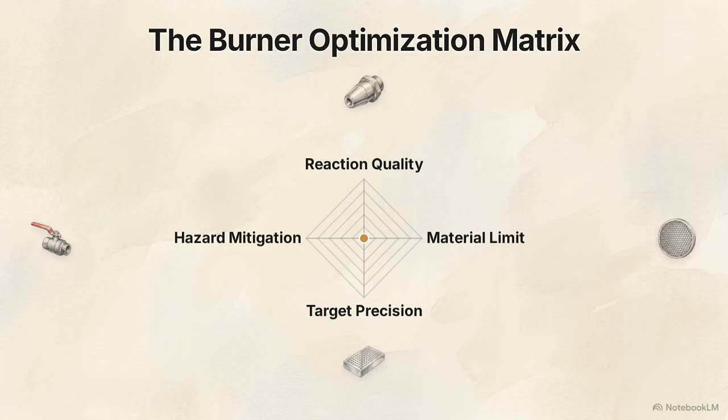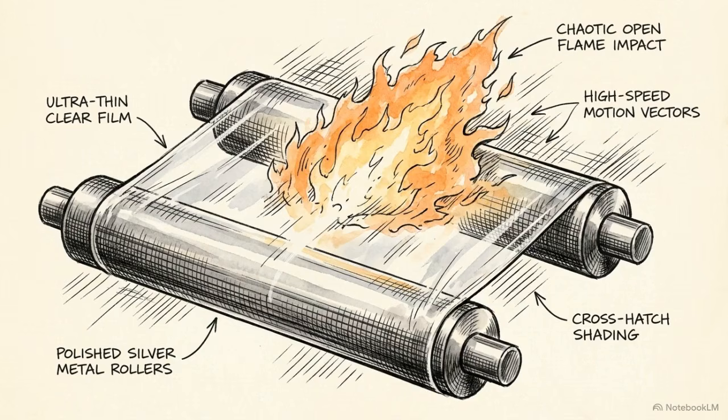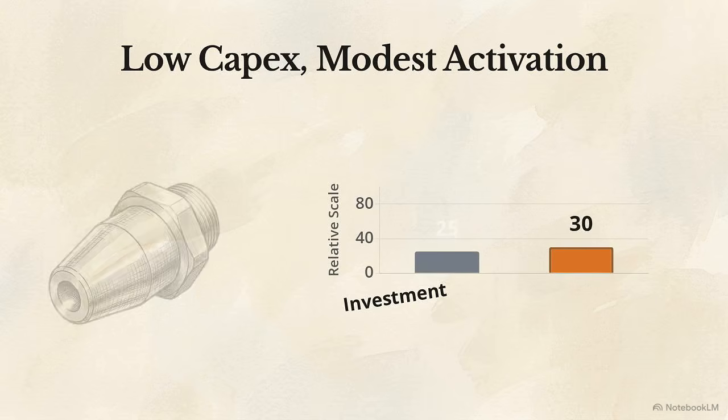Selecting the right burner architecture is an uncompromising optimization of 4 variables: surface chemistry, the material's thermal budget, spatial control, and inline safety. Atmospheric systems have a strict use case. They belong on high-speed film webs, where the goal is low capital expenditure and only modest increases in surface energy.